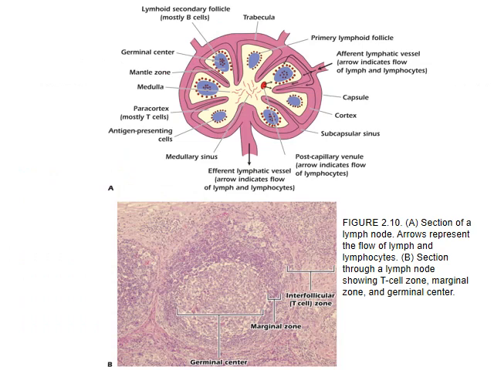You can see from here, there are germinal centers in lymphatics, and there are different places where T cells and B cells are located. For example, if I was to ask you, in a cut section of a lymph node, where would you find mostly T cells?